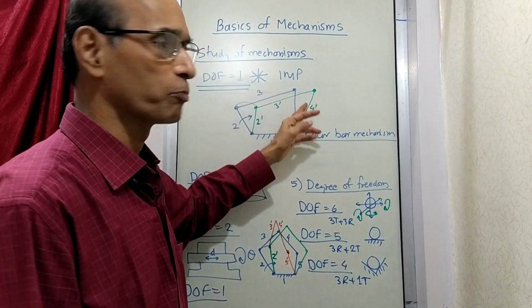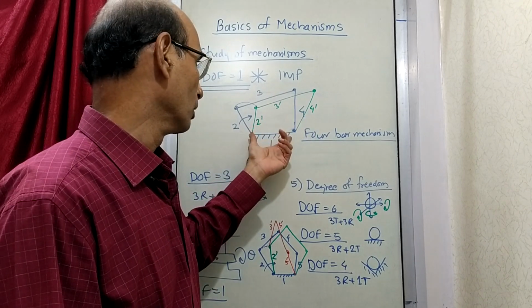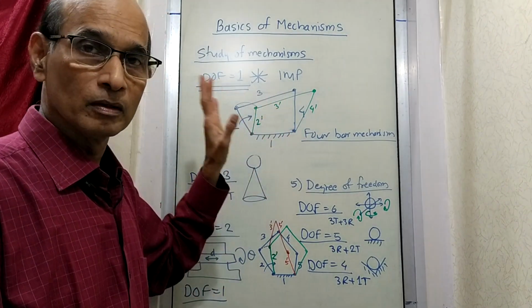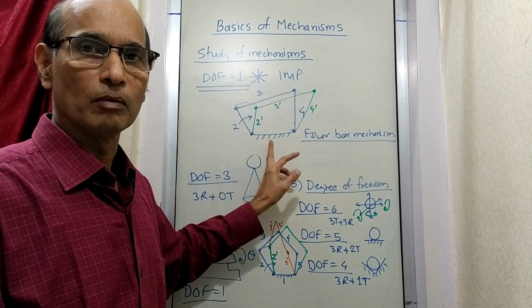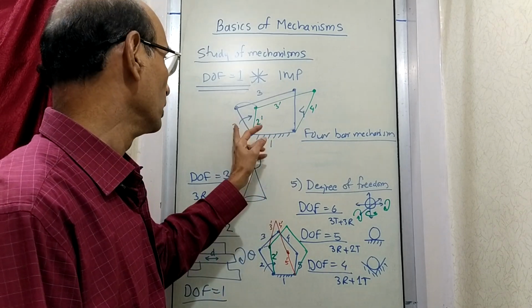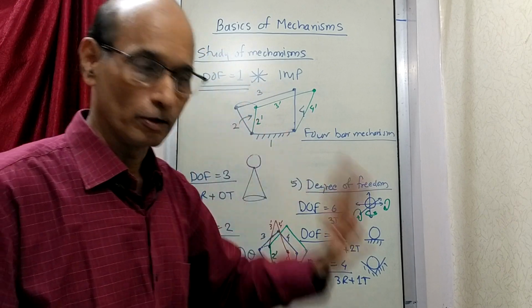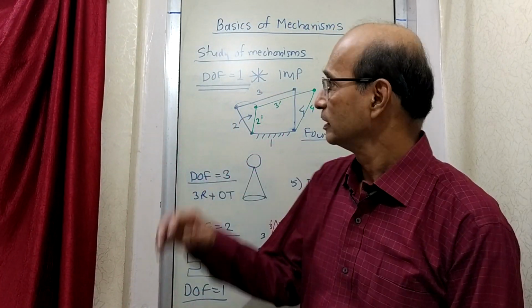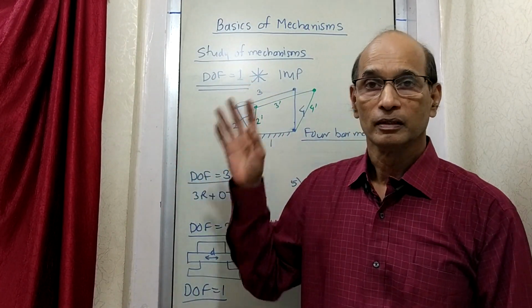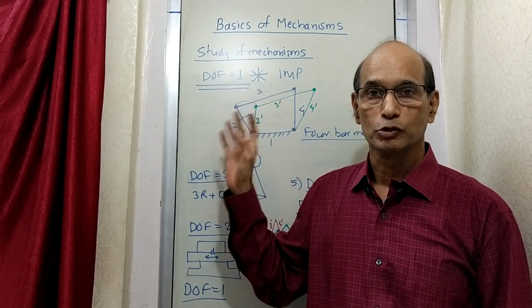There are 4 bars, meaning 4 links, and out of that one link is fixed. The fixed link we are always going to number as 1. So 1, then 2, 3, 4. This is called a 4-bar mechanism which has got degree of freedom 1, and because it has degree of freedom equal to 1, this mechanism is very, very useful.